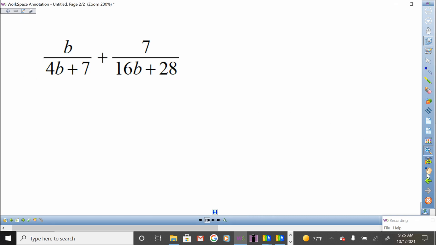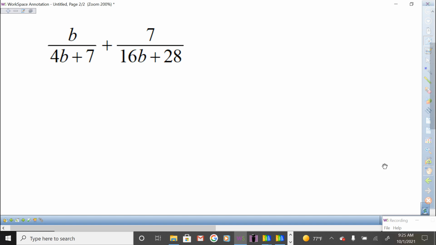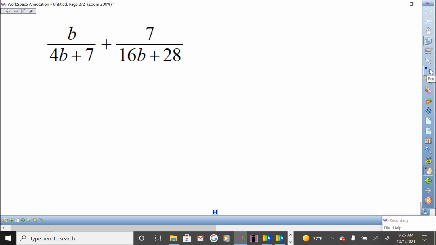Let me zoom in. There it is. We have b over 4b plus 7, plus 7 over 16b plus 28. That's number 4 on your home play, right? Okay, so I'm just going to abbreviate.